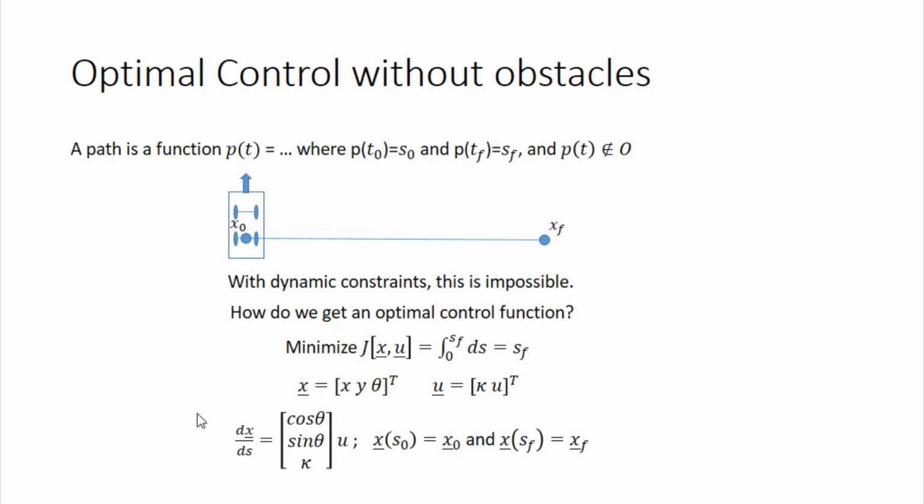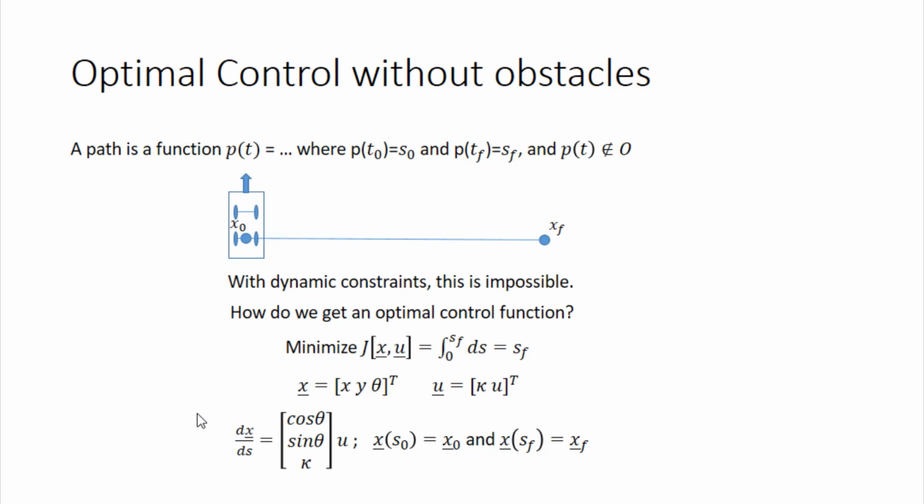So the basics are that we have some matrix here labeled as J, and that matrix is going to take in two things, X with an underbar and U with an underbar. And what we want to do is minimize that function. X bar is going to be equal to x, y, theta, so that's the x-y position of the robot and the orientation of the robot.